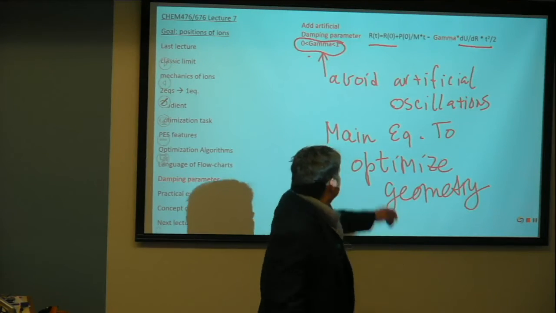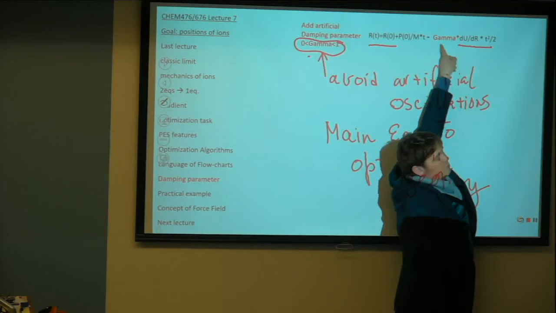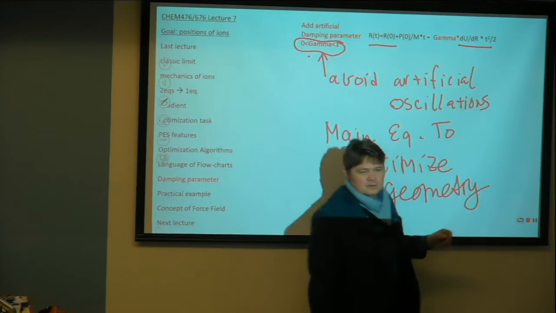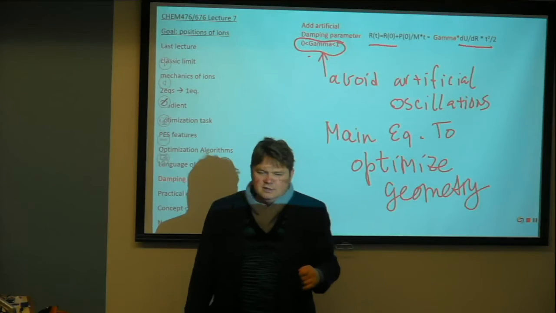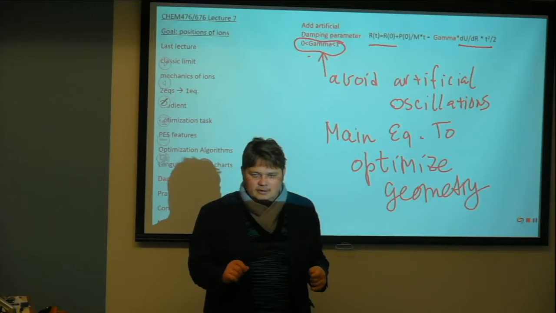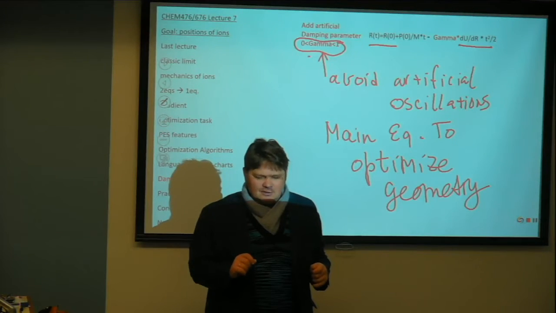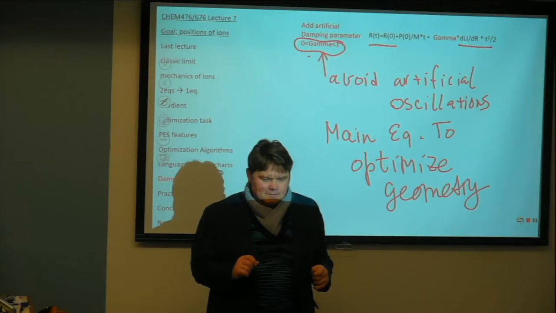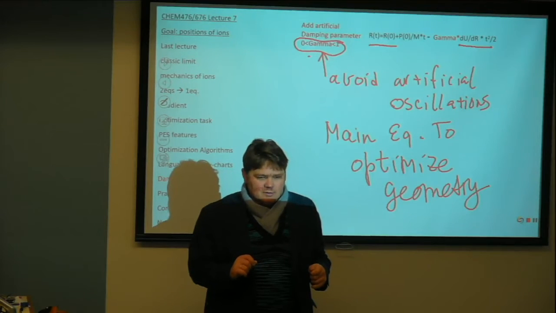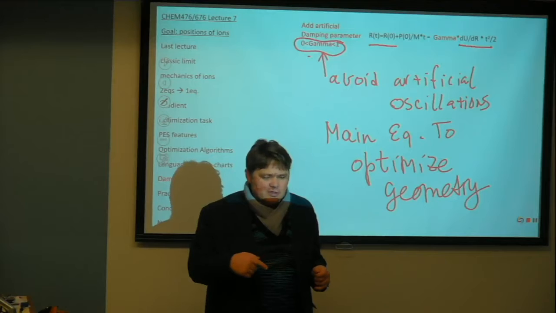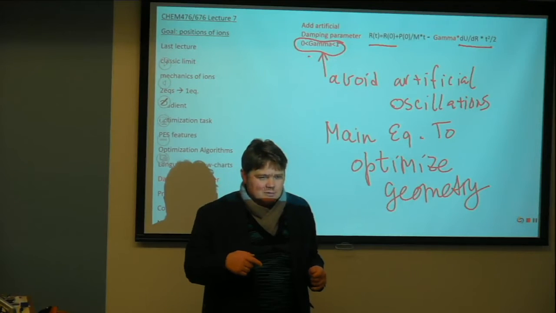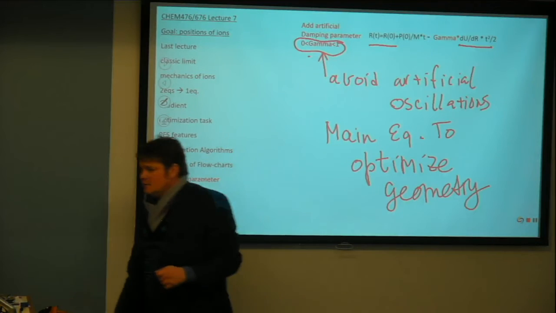So we put a small parameter between 0 and 1 that acts not as a regular force, but a little bit smaller. There are different implementations of this idea, but one goes in the direction prompted by the gradient, a little bit slower than in true molecular dynamics.